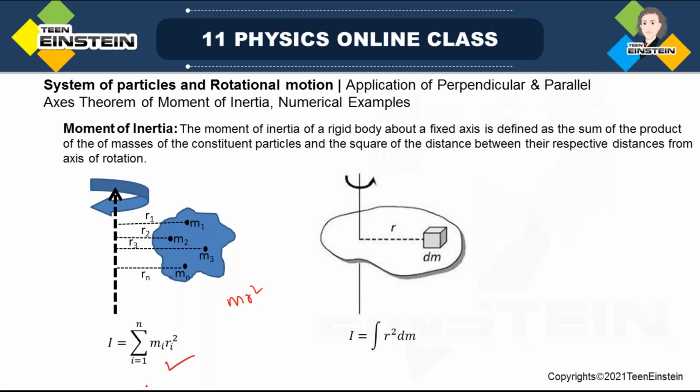As you can see, this is for a discrete object, when you have n number of particles and all of them are separately situated. You can calculate the moment of inertia for each particle, and then sum them over to get the total moment of inertia of that particular object.